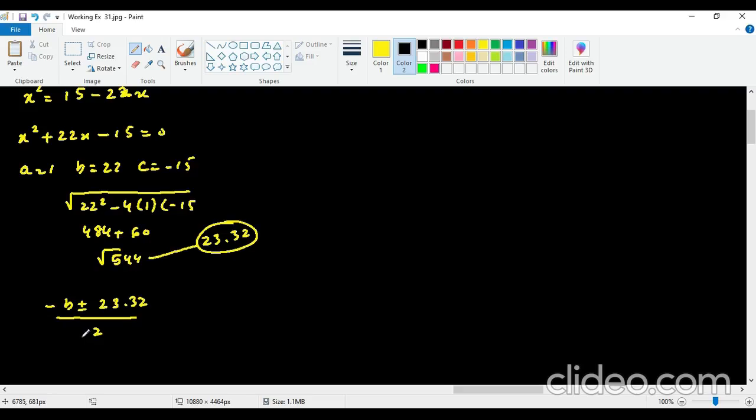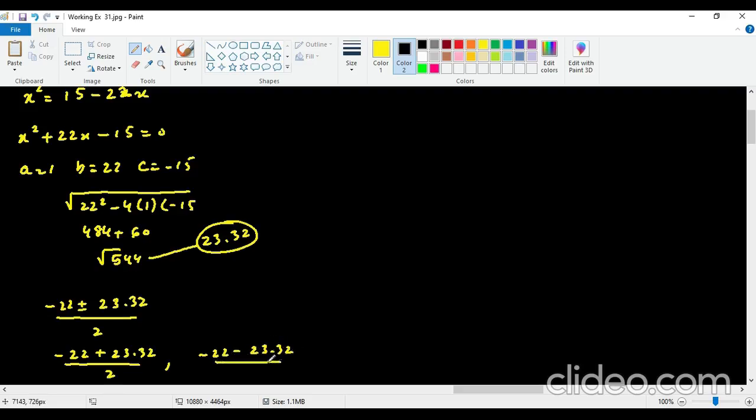So instead of b I will write 22 over here. So we have two different values. First is negative 22 plus 23.32 divided by 2, and the second value we get is negative 22 minus 23.32 divided by 2.